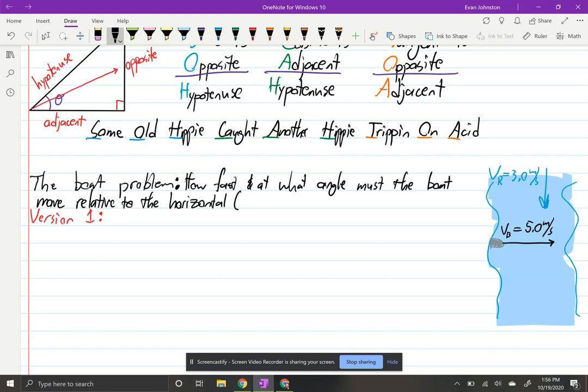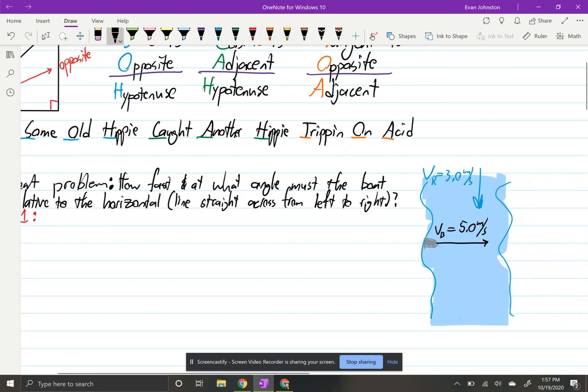Really, all that means is a horizontal line straight across from left to right.